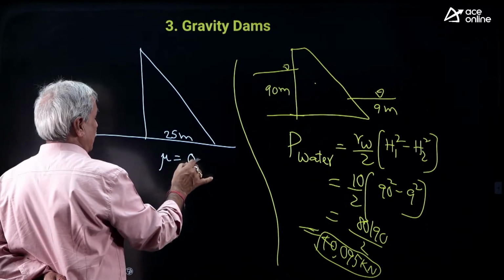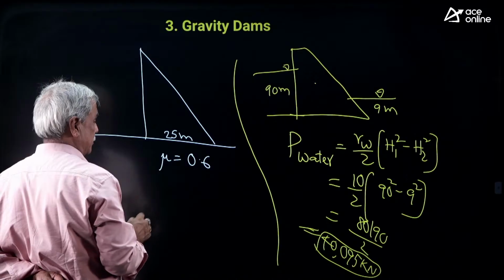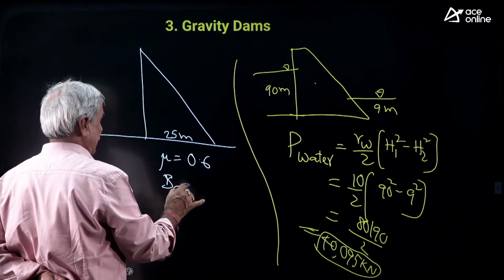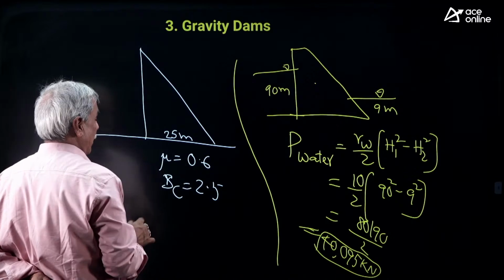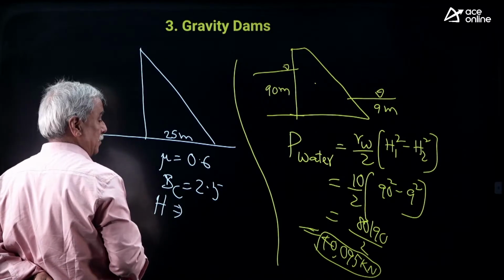Coefficient of friction is 0.6. S concrete is 2.5. You may ask what is the height of the dam section.